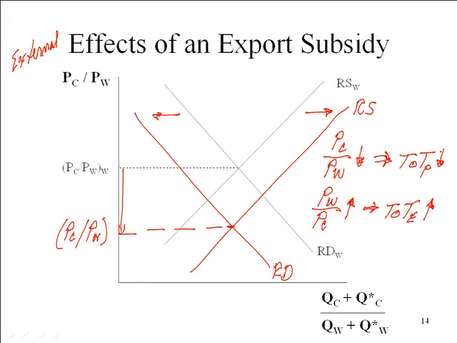Well, the shift in the, so let's start right here. Remember, these are external prices. When Portugal imposes the 20% export subsidy, at that relative price, relative supply in the world now increases straight out, right? Even if relative demand doesn't change, notice that at this relative price, the quantity supplied in the world is greater than the quantity demanded.